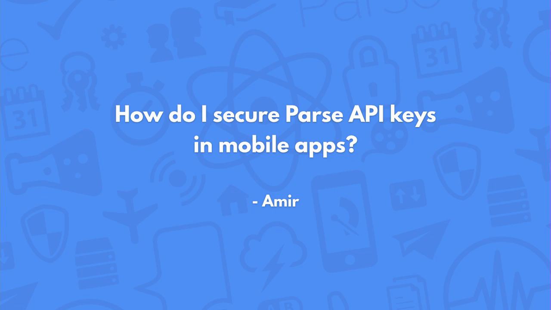So our first question, Fosco, is how do I secure Parse API keys in mobile apps? From Amir. Okay, well, Amir, Parse API keys are public information. It's your application ID and your client key, and those are intended to be public. Like with our JavaScript SDK, you'll have your app ID and your JavaScript key, and they'll be in the source code for the HTML or however you build your site, and people can get that information.